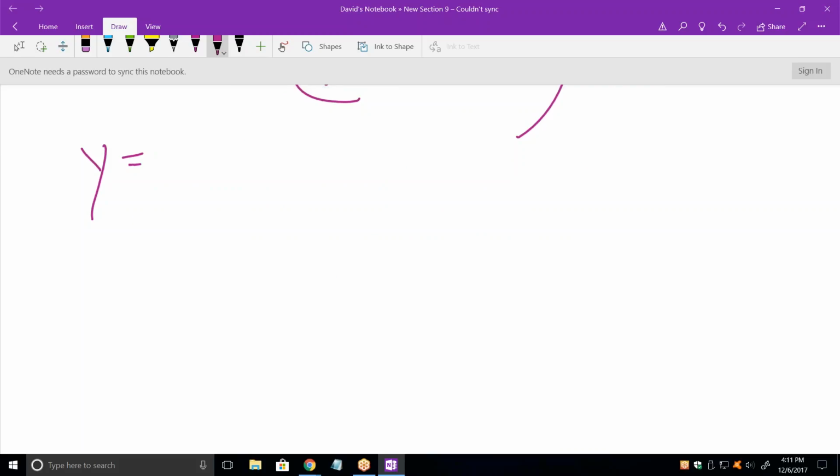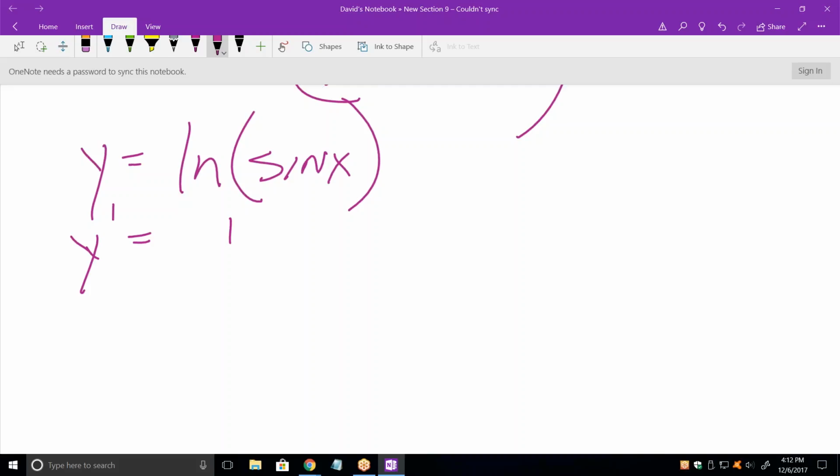This looks like ln of sine x. What rules are we going to use? Chain rule? Just the chain rule, exactly. So what's the derivative of the outside? 1 over x. First of all, to figure out the derivative of the outside, you need to figure out what the inside is. Let's let the inside be u. What is the inside? Sine x.